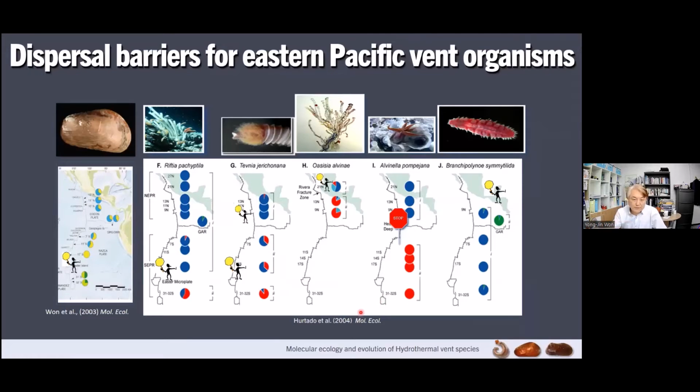environmental or abiotic factors, the most intensively studied area in the mid-ocean ridge system is the Eastern Pacific area, where people studied the comparative distribution patterns of Lepetodrilus, Tevnia, Oasisia, Alvinella, and Branchipolynoe, a commensal of deep sea mussels, including mussels. Under these common geographical environmental settings, biologists compared the genetic differentiation pattern from north to south.